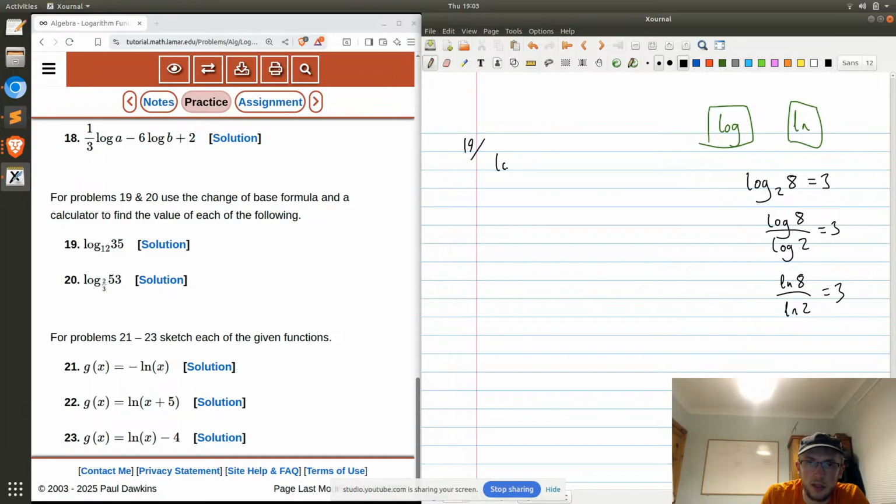So I think that this is log 35 over log 12. And then I have to use a calculator to actually check if that's true. And I get about 1.43, which is about right, is it not? Because 12 to the 2 is 144, so it should be between 1 and 2. And then for this one, it's really just the same, isn't it?